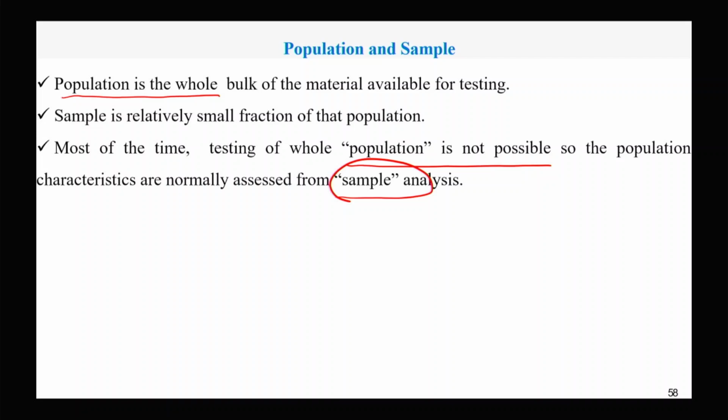What I can do, 10 is a very small number, so I can take the mass of each individual apple and get the mean or standard deviation. But if I have, say, 10,000 apples and I want to know the mean and standard deviation of the mass, then the problem would be there.